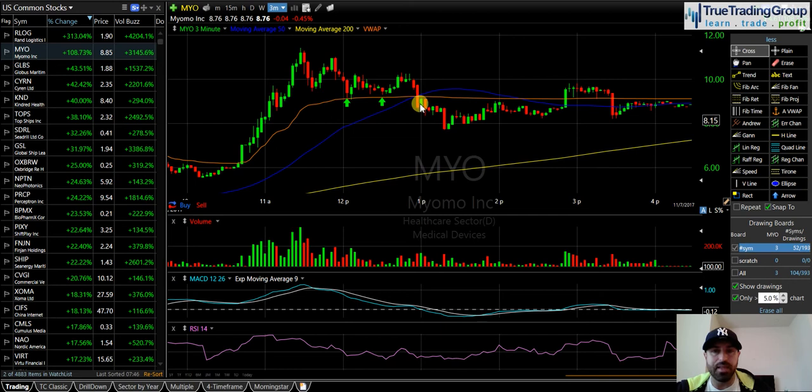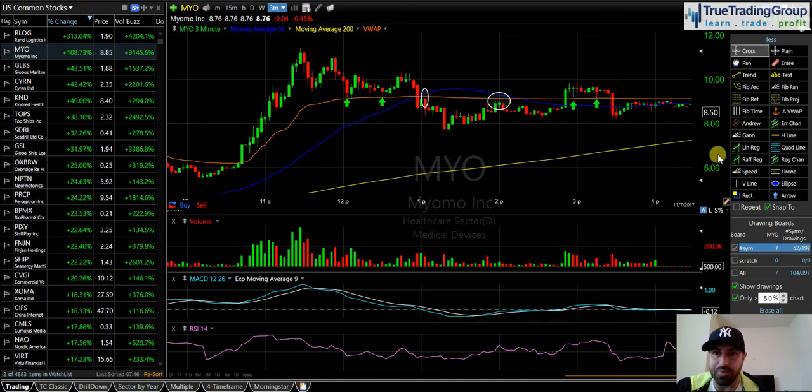Now, once the stock breaks down below VWAP, what do you see? It starts acting as resistance right here and again right here. Then the stock breaks back above VWAP. As soon as it breaks through VWAP, what do you see? It starts to hold support. Look at that. Twice it held support.